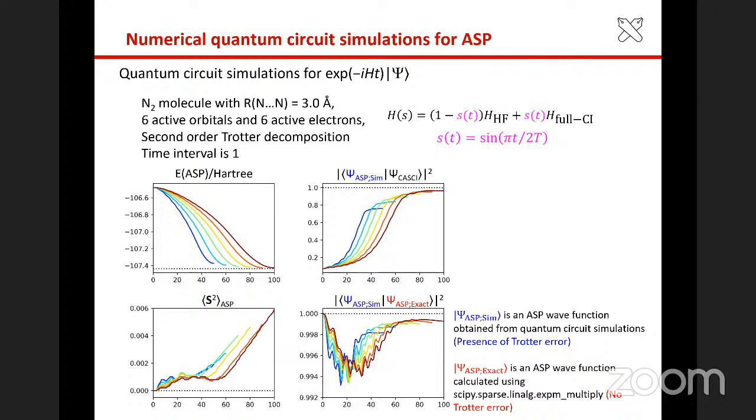The red one has no Trotter error. Interestingly, if we calculate the overlap between these two ASP wave functions, the fidelity becomes smaller in the middle of the ASP. But somehow the fidelity recovers.